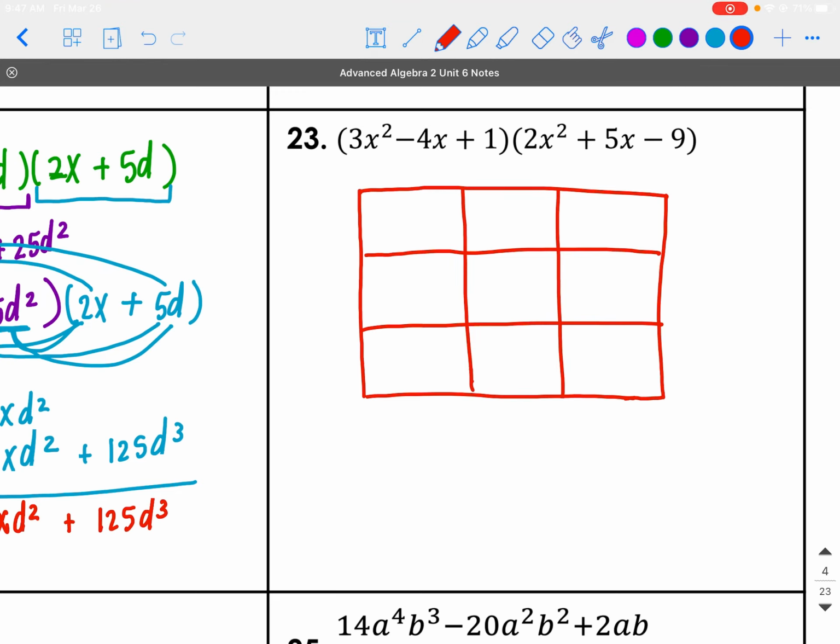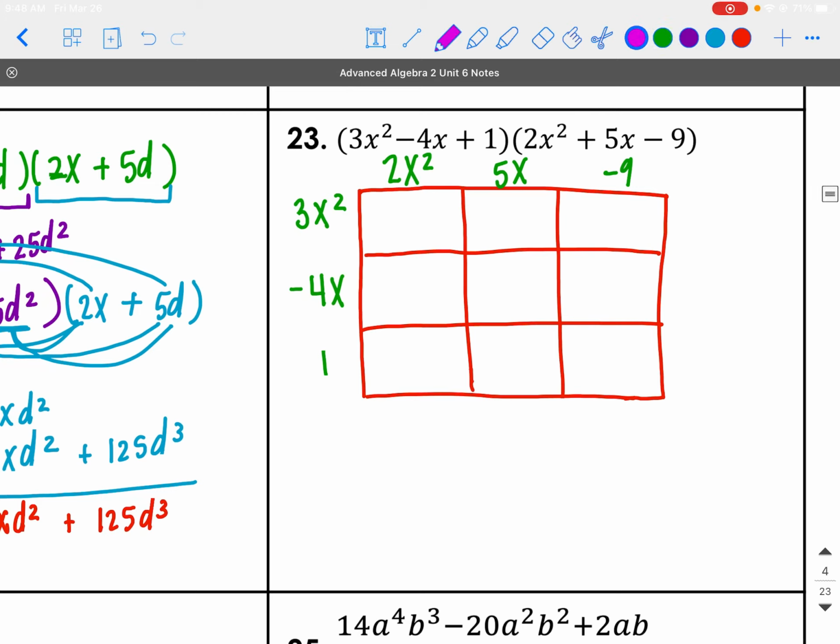This is just going to help me stay organized and make sure that I don't miss anything. And so my first one is 3x squared minus 4x plus 1. And then my other one I'm going to write across the top. 2x squared plus 5x and minus 9.